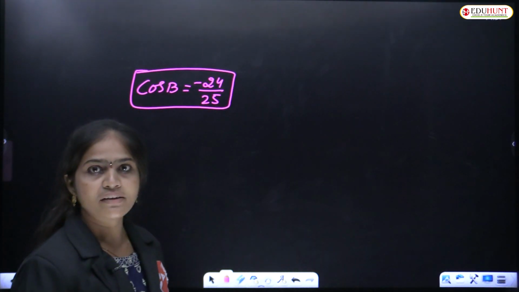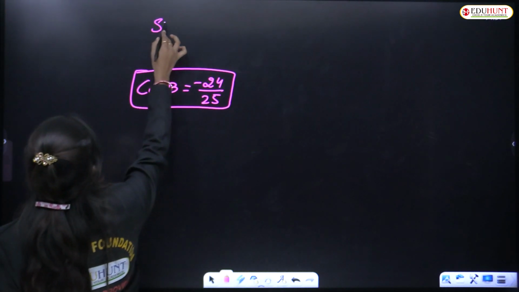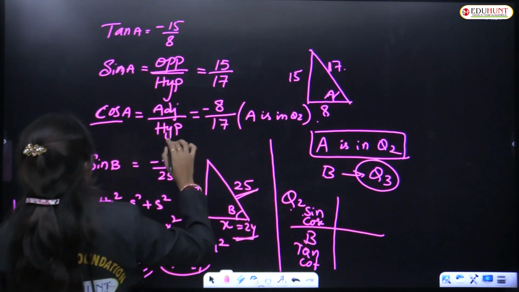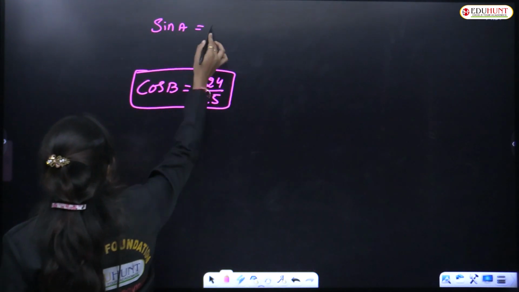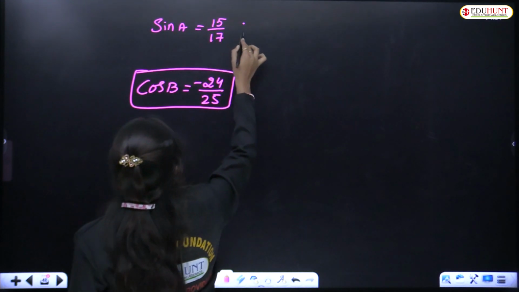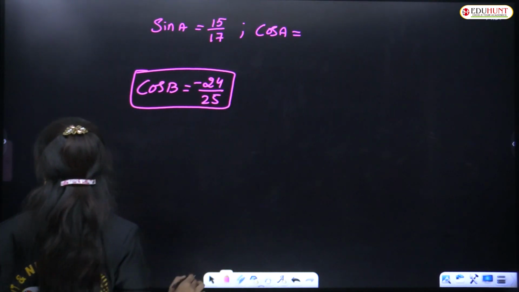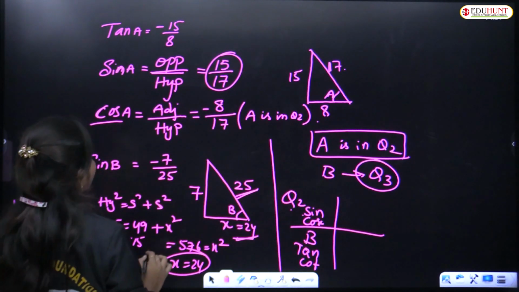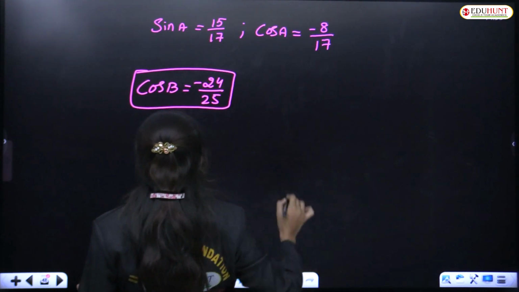So finally we have the 4 values. Once again, write all the values here. Sin A is 15 by 17. Next, cos A is minus 8 by 17.